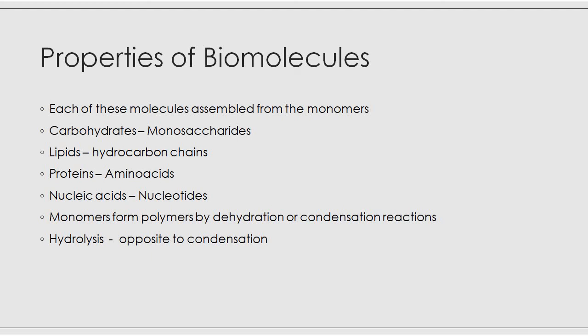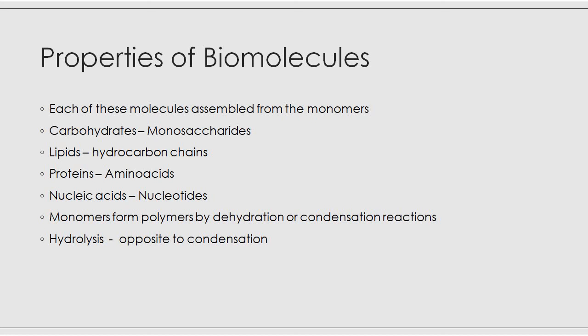A few monosaccharides join together, undergo a condensation reaction, and form carbohydrates. Similarly, for lipids, you have a series of hydrocarbon chains linked together. And for proteins, amino acids are the building blocks.